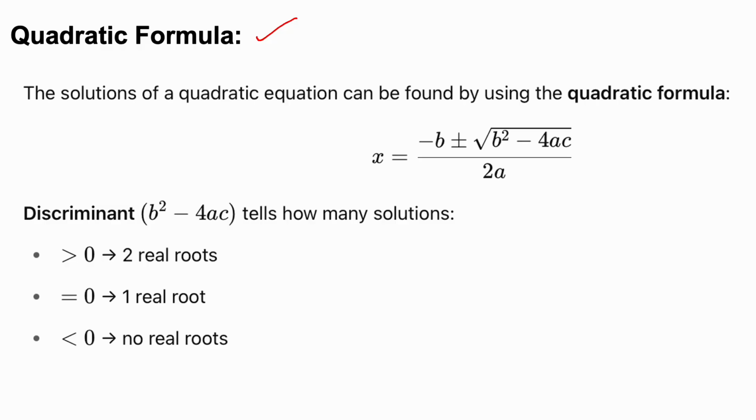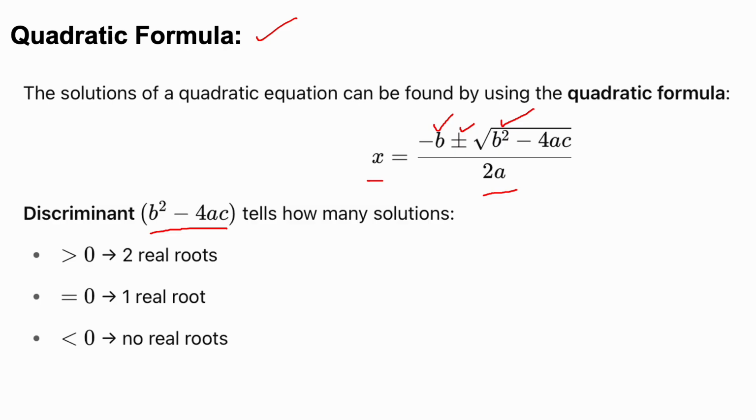When factoring does not work, we have this powerful tool which tells us that x is equal to minus b plus or minus square root of b square minus 4ac, whole thing divided by 2a. The part inside the square root, b square minus 4ac, is called the discriminant, and it is a very helpful quantity.